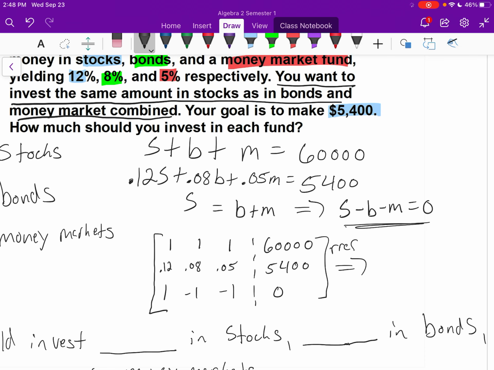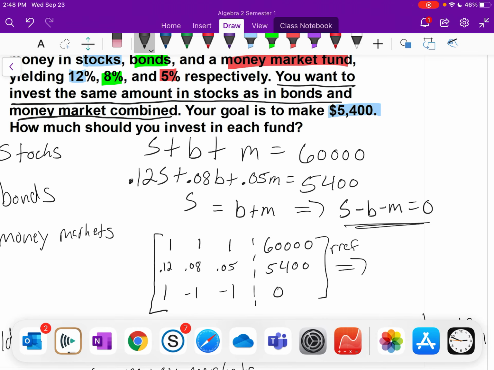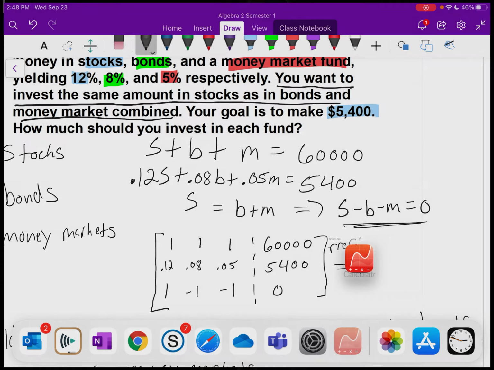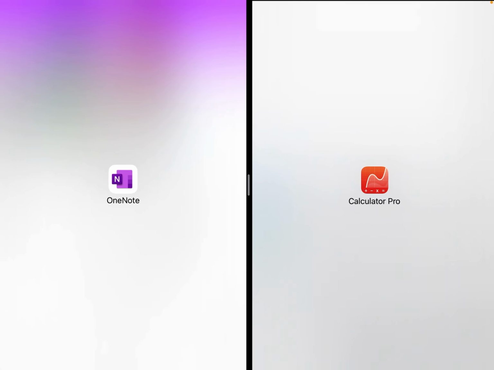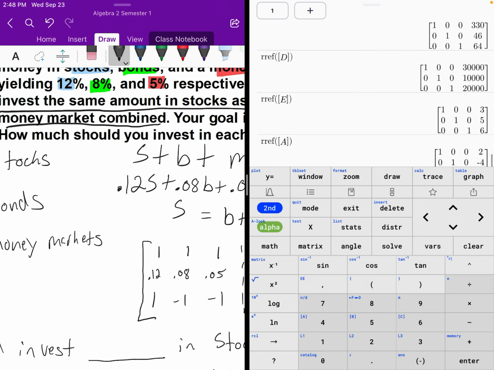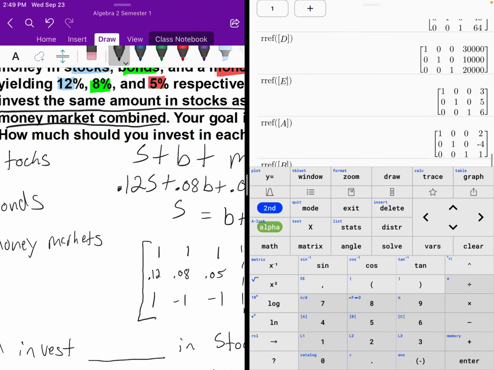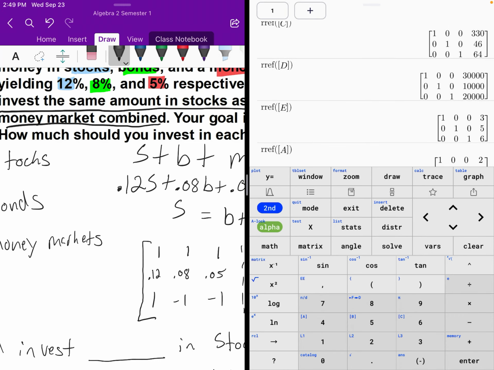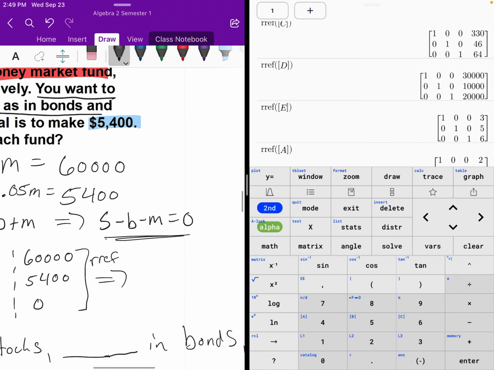Doing that reduced row echelon form, I entered this into matrix D, and then used RREF of D on our calculator. There we get our reduced row echelon form matrix.